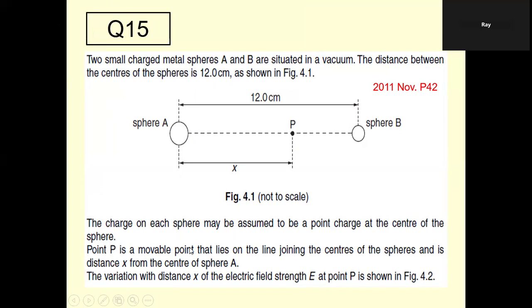A point P is movable, lying on the line joining the centers of the spheres at distance x from the center of sphere A. Variation with x of the electric field strength at point P is shown in 4.2.